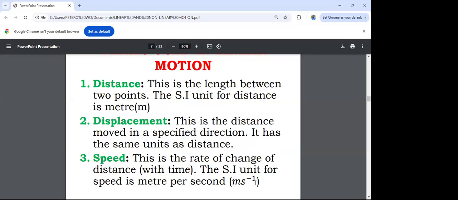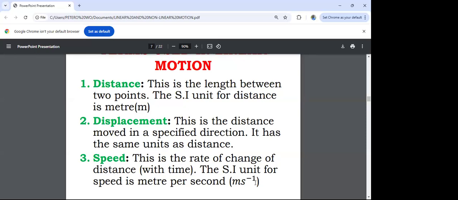Why? Because you are attaching direction to the distance. So whenever you attach direction to a distance, then that one becomes a displacement. So distance and displacement have the same units, but displacement has direction attached to it. So that is the difference between the two.